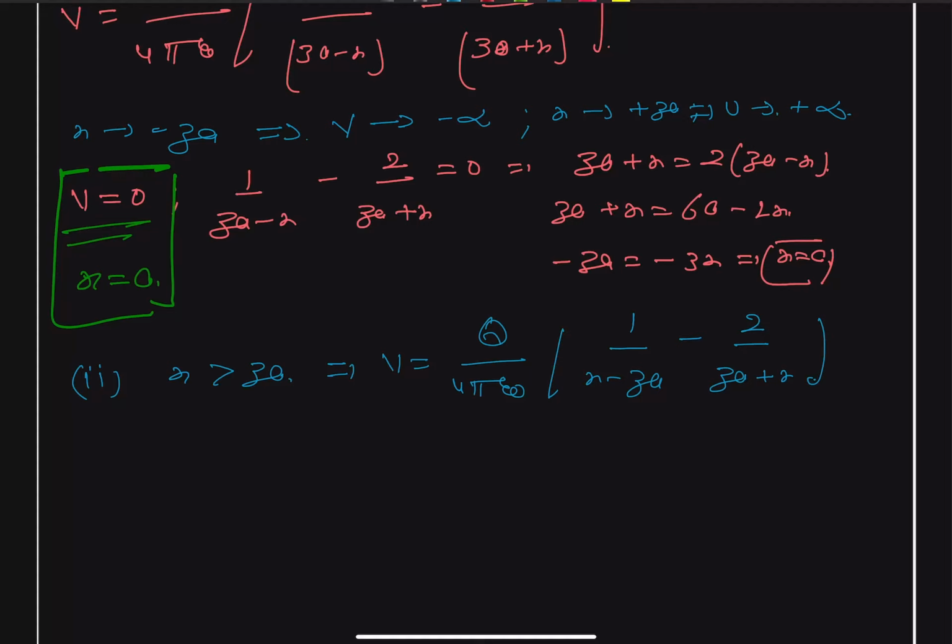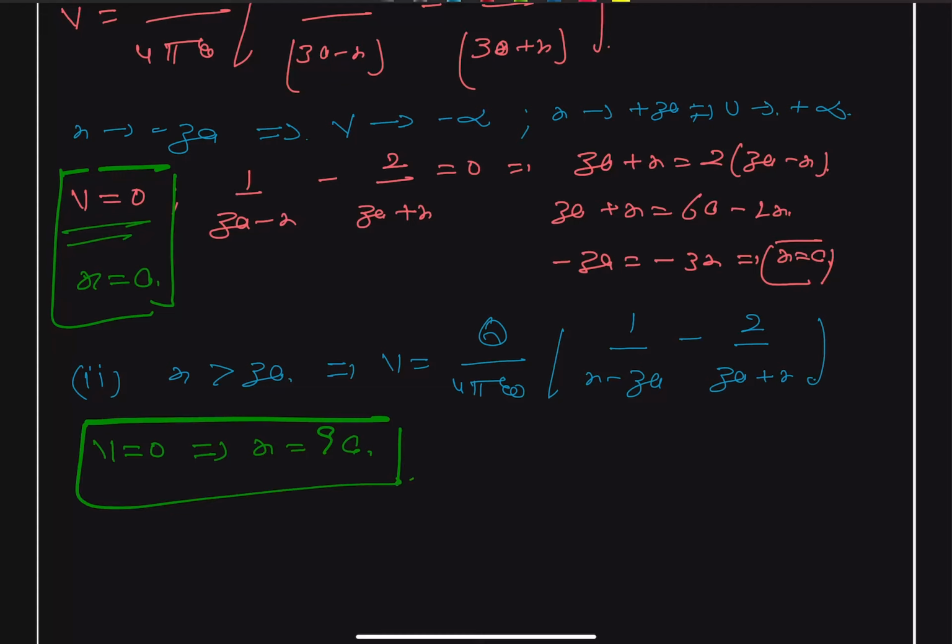Similarly, we can find the point where the potential will be equal to 0. So V equal to 0, and from here we get x equal to 9a.